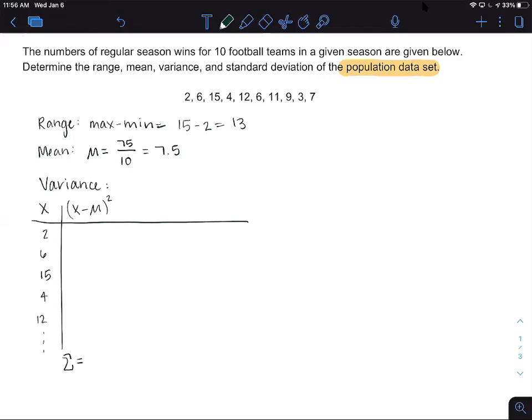Okay. Once you find that summation, I'm just going to write a number because I didn't calculate that part. You'll take that number, so the variance, that number divided by, since we're doing population, 10.